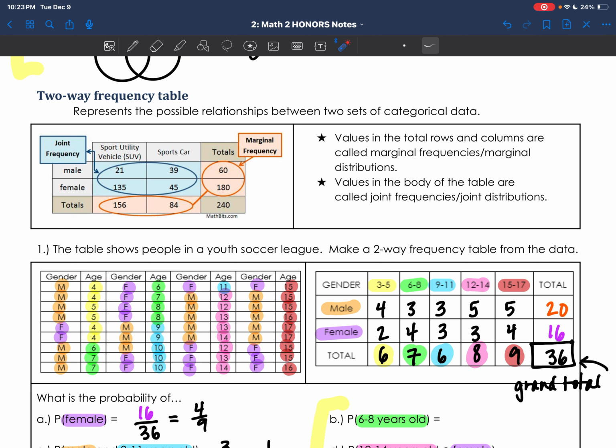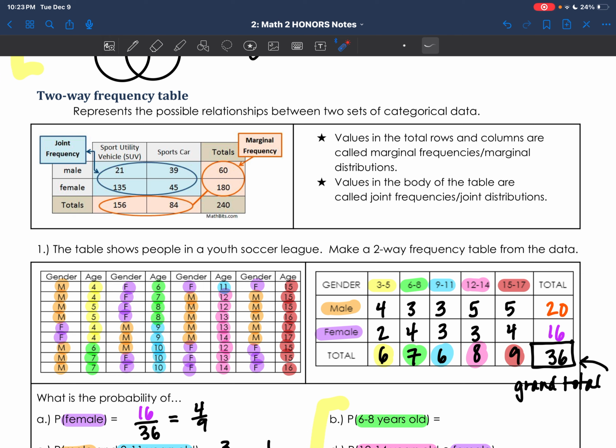And then now it said 6 to 8. So I'm looking at my 6 to 8 males. So if it's 6 to 8, I've got 1, 2, 3. And that's it there. And then I just went through and I completed all of this for you so you can copy it down so we don't have to spend the whole time doing this.